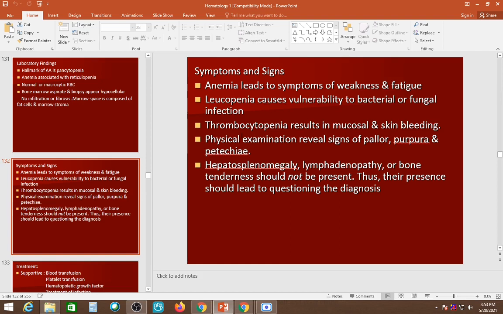Then thrombocytopenia results in bleeding, and physical examination will reveal the signs of pallor, purpura and petechiae. It is very important to note that the presence of hepatosplenomegaly or lymphadenopathy or bony tenderness in the setting of pancytopenia should question the diagnosis of aplastic anemia.